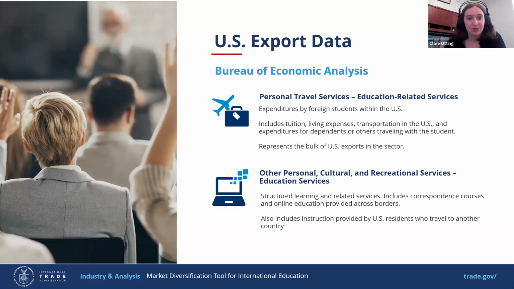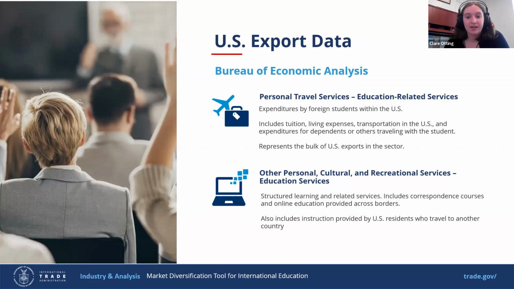The first, which is the bulk of US exports, is personal travel services, education-related services, the bucket underneath personal travel services. This covers expenditures by foreign students who come to the US to study. It includes tuition, living expenses, and transportation within the US, both for the student and any dependents or others who travel with them.